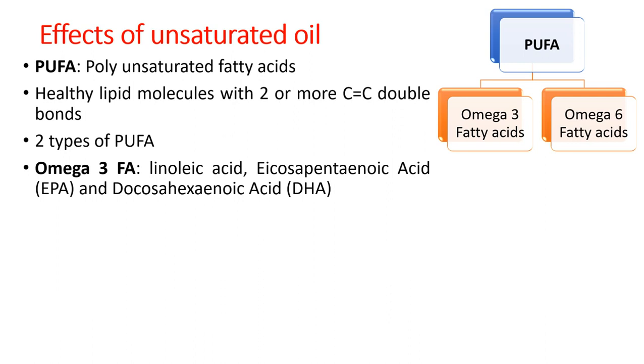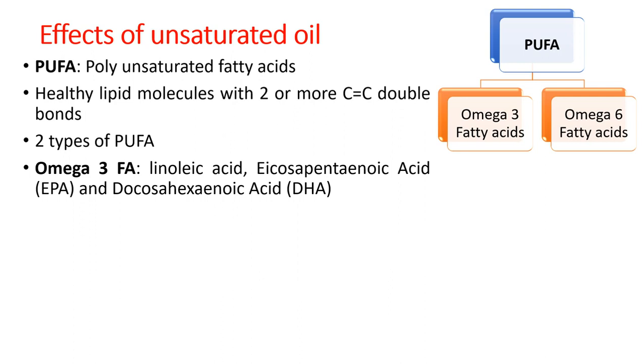Omega-3 fatty acid, the best examples are linolenic acid, eicosapentaenoic acid, commonly called EPA, and docosahexaenoic acid, commonly called DHA. This DHA you might have heard of in various advertisements of Boost, Bournvita or Complan.